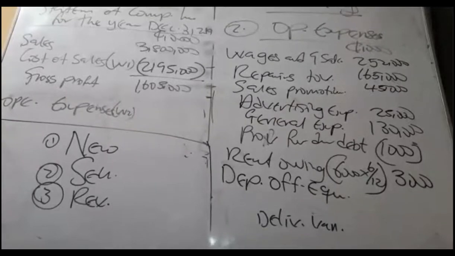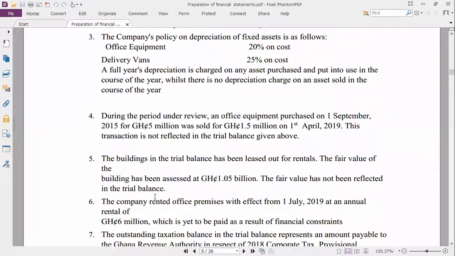Apart from this stating it here, is there any one again? Let's see note 4. During the year under review, an office equipment purchased on September 1st, 2015 for 5 million was sold for 1.5 million. So it tells me that they sold some of the office equipment.